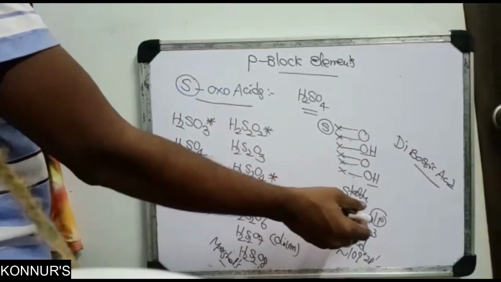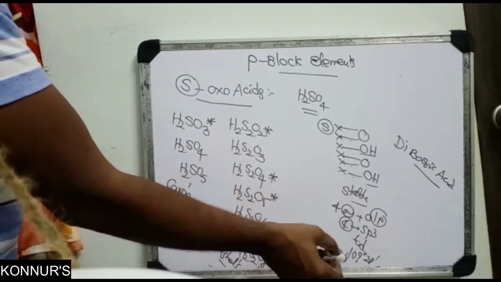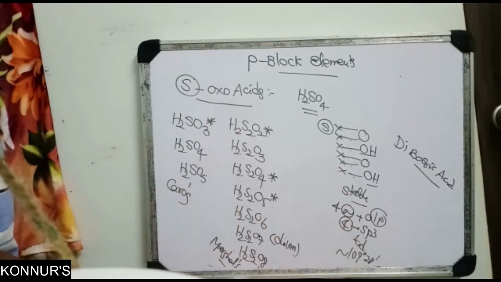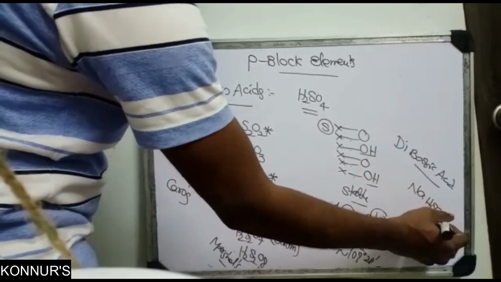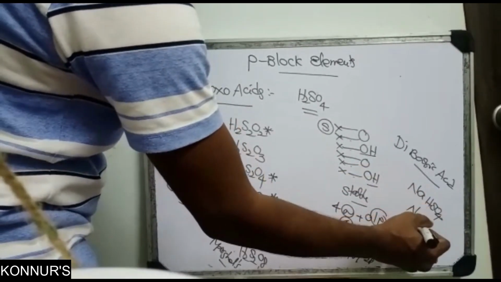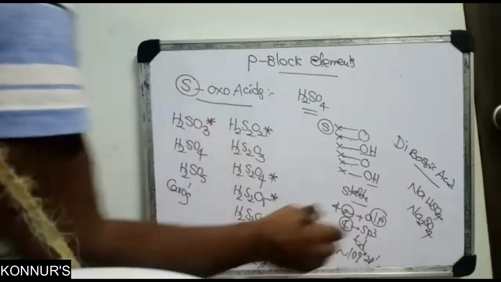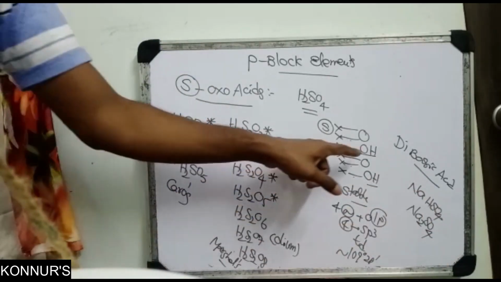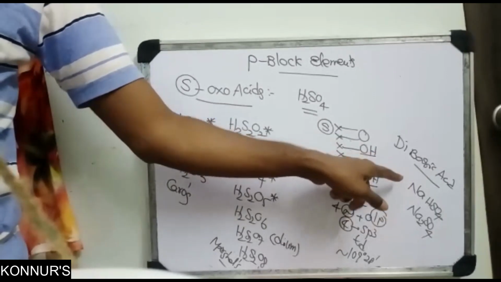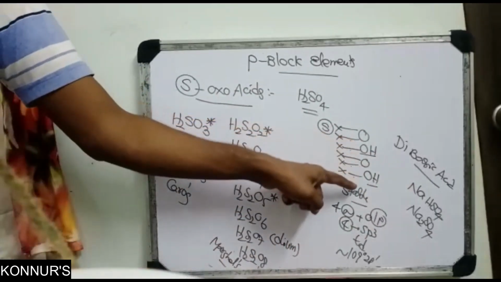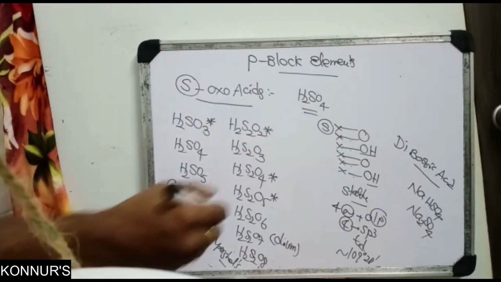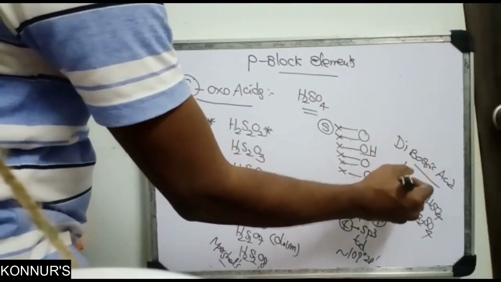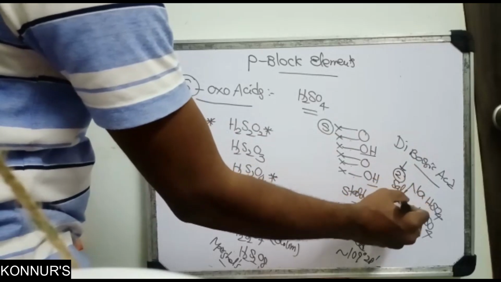So here 4 sigma bonds, 0 lone pairs. Same thing, structure is sp3 tetrahedral, 109 degrees 28. So you are getting NaHSO4, sodium bisulfate, Na2SO4, sodium sulfate. So active hydrogens replaced with metal, you are getting salts. Two OHs are there, so you call it dibasic acid, meaning two salts you are getting.